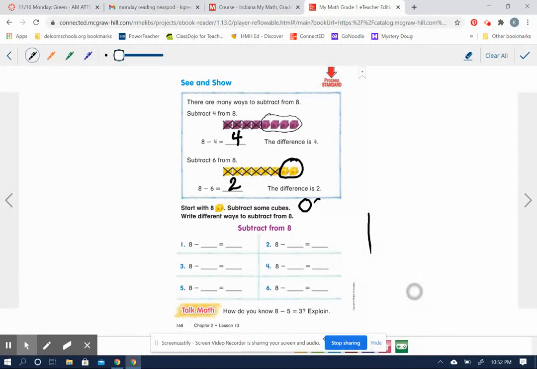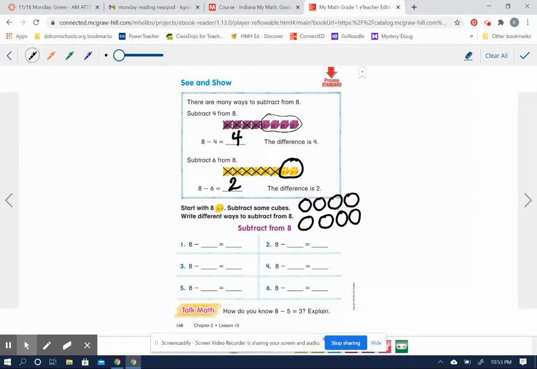So let's do 1, 2, 3, 4, 5, 6, 7, 8. All right, that kind of bugs me. I'm going to erase this that I made. There we go. All right, and so we need a number that we're going to subtract from 8. It could be any number. Let's just say 3. Oh, I'm going to make it a pen again.